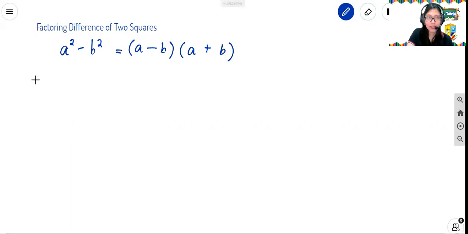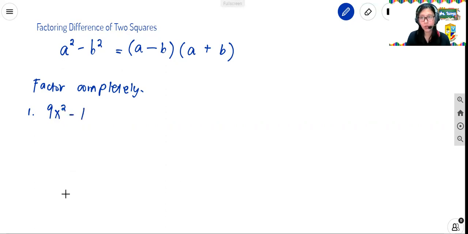Okay, so let's practice this using examples. Let's factor completely. Let's have number one: 9x squared minus 1. Of course, the technique here is to identify if it's a perfect square. So if we look at 9x squared, the square root of 9 is 3, and the square root of x squared is x.